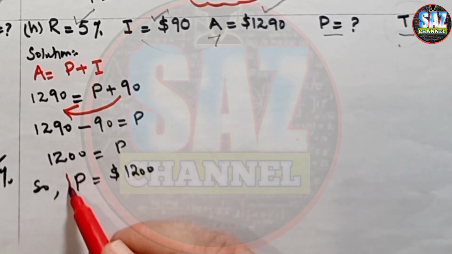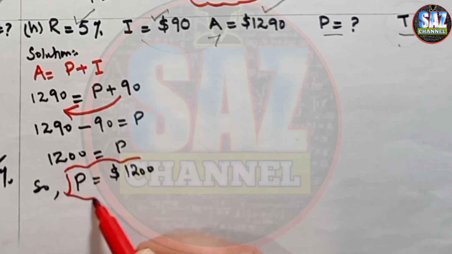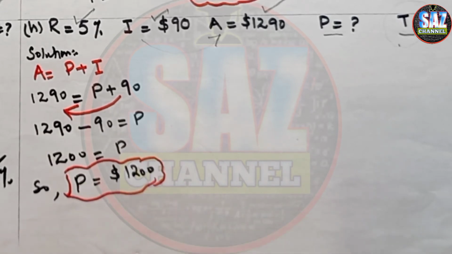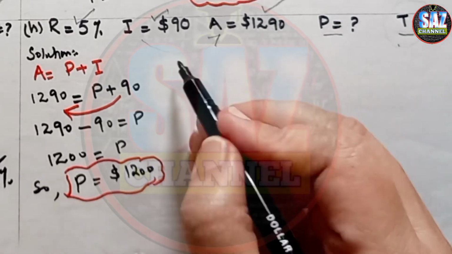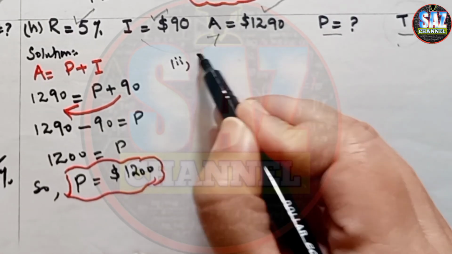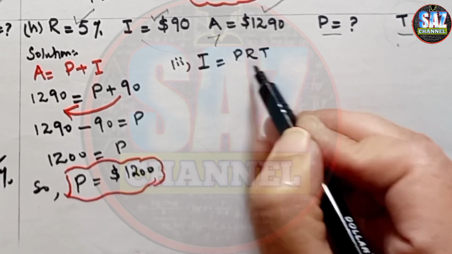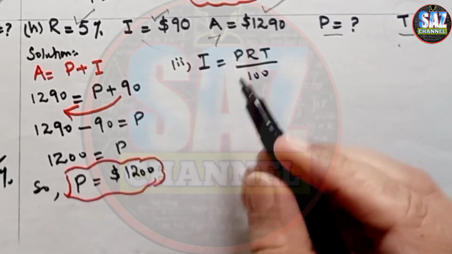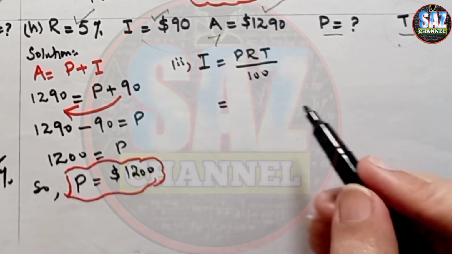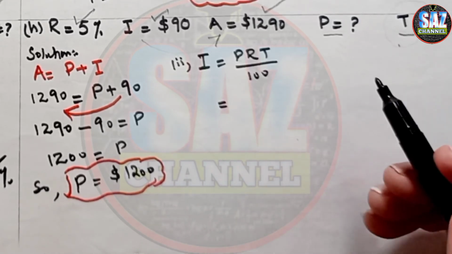Now we have to go for the calculation of time. We know the formula for simple interest is I equals PRT upon 100. The principal is 1,200 and we need to find the time.